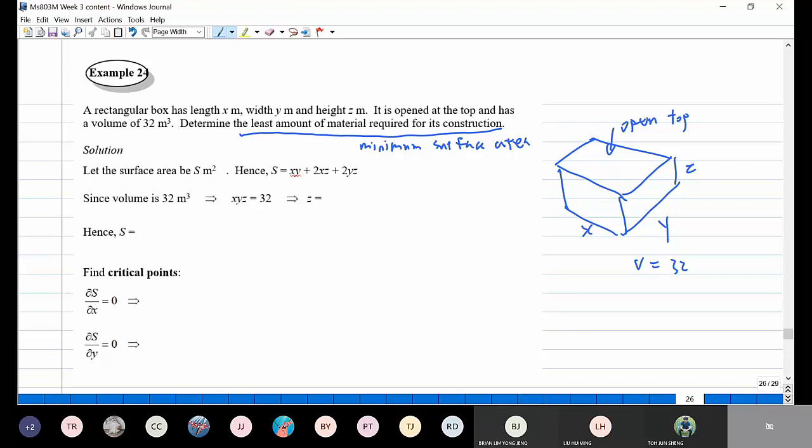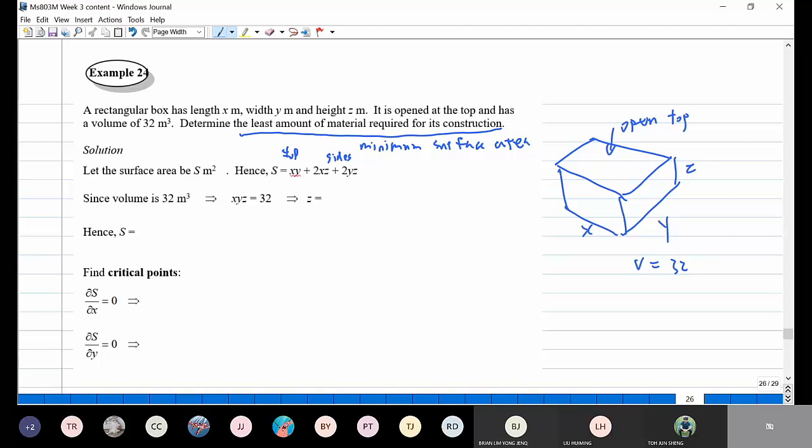So let's find the surface area now. Surface area at the top is xy, only one top surface. And then these are the side areas: x times z, y times z, two copies of them. So this is the surface area.